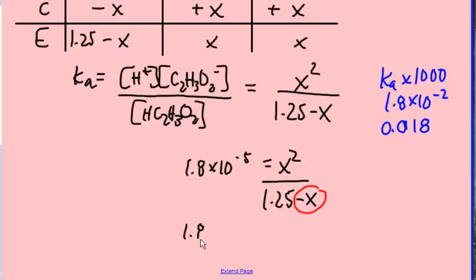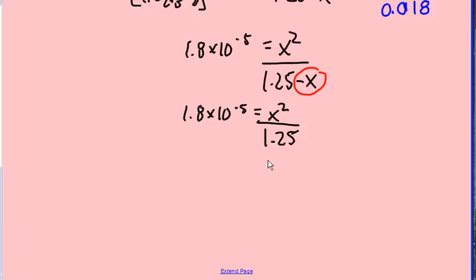And then I will write 1.8 times 10 to the minus 5 equals x squared divided by 1.25. Alright, so we're going to solve for x. 1.8 times 10 to the minus 5 times 1.25, and we'll find the square root.